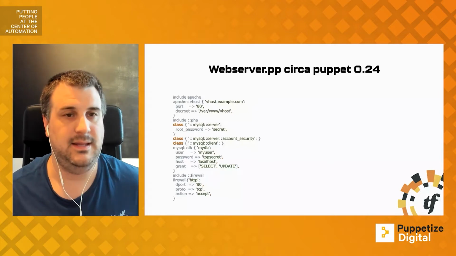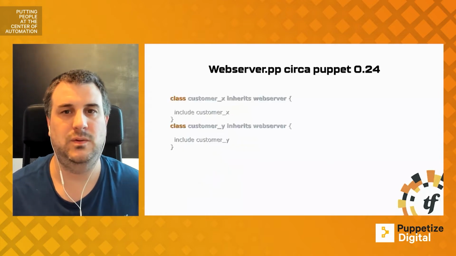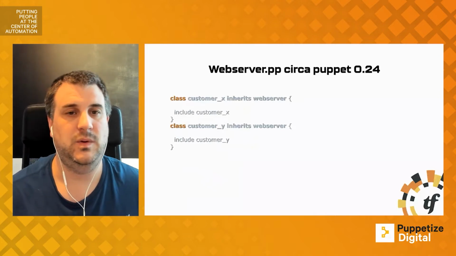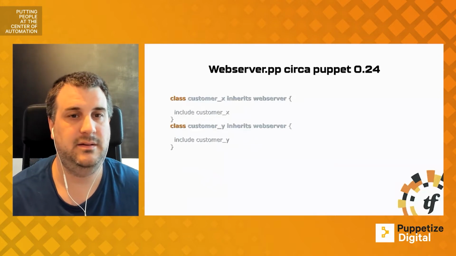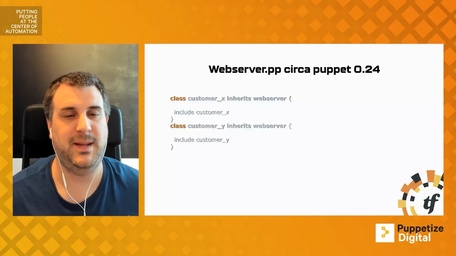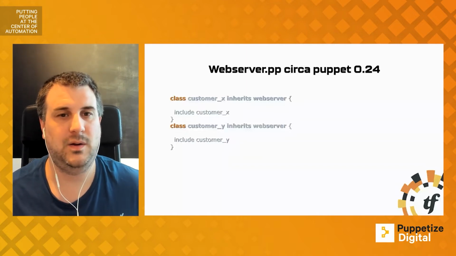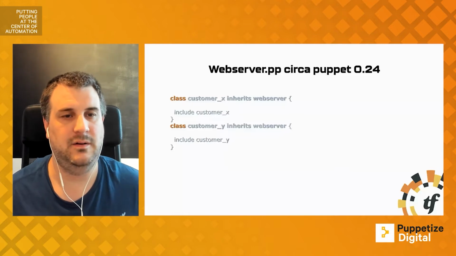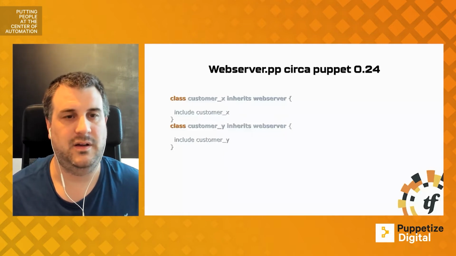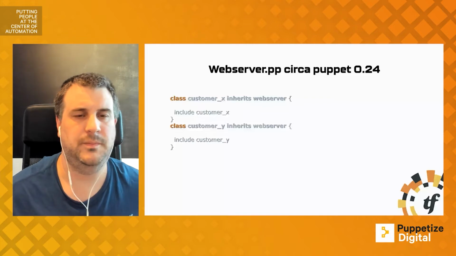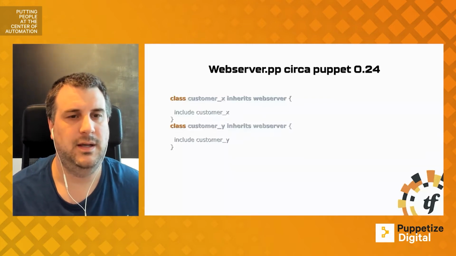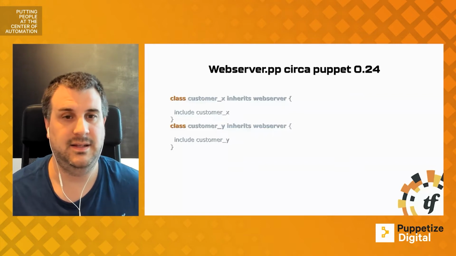And in those days, if we had one or two similar things, we used to use Puppet inheritance, where we would have the big ball of mass class, and then we would inherit, and layer on a little bit of customer code or project code or whatever you were doing at the time, and it made sense to you to extend the big blob we already had.